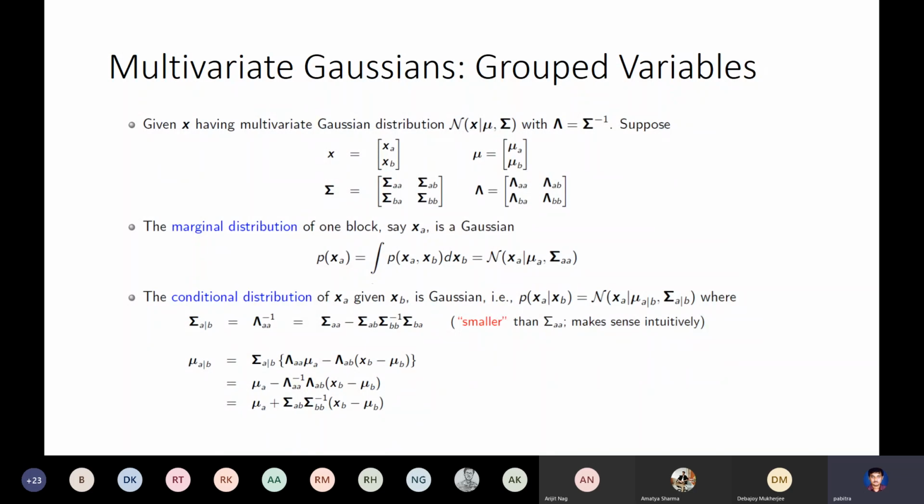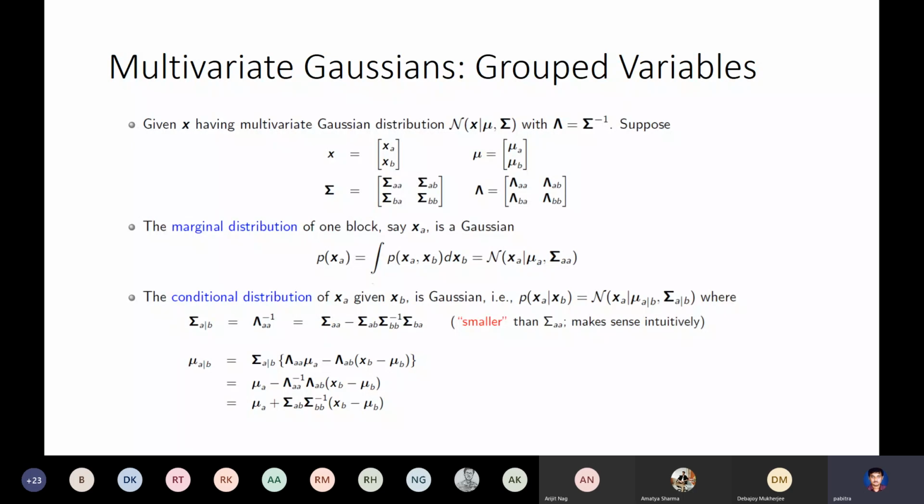I treat this entire pair, temperature and humidity, as a single vector x. In many situations, you can actually partition this vector x into two or more parts. Say x is divided into one bunch of variables which I call xa and another bunch of variables which I call xb.